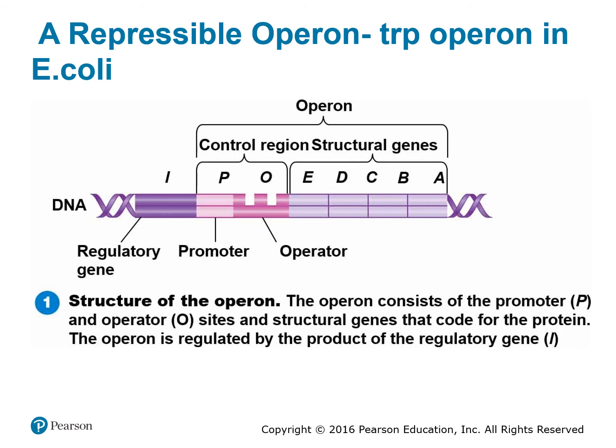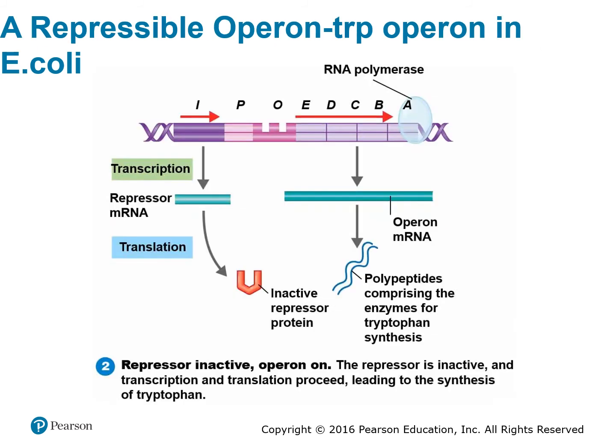Regulatory genes are usually responsible for encoding repressor proteins. So you can see, as I said right here, the trp operon is usually turned on. So usually transcription and translation of those structural proteins is usually taking place. And as I was saying, the trp operon encodes a protein that's going to be needed for tryptophan synthesis.